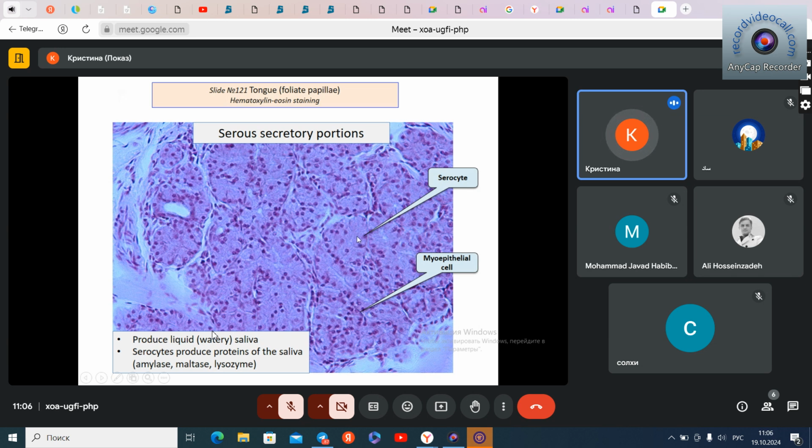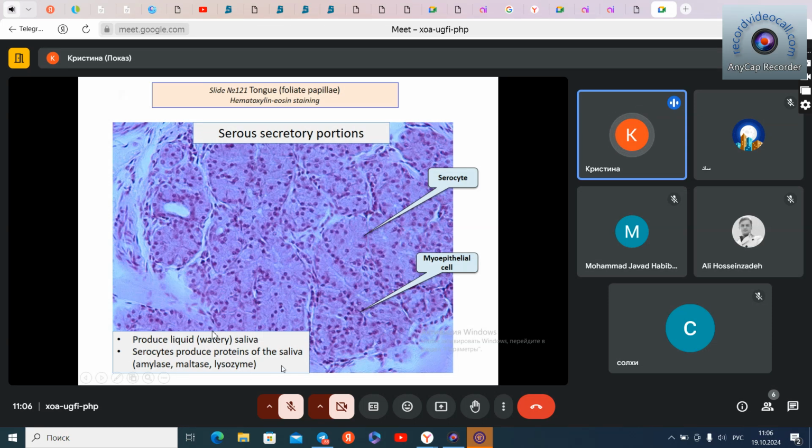Serocytes have basophilic cytoplasm because the cytoplasm is rich in rough endoplasmic reticulum, the organelle which serves for production of the proteins for export, which should go out from the cell. The cell nucleus is round in shape. The borders are not very well seen between the cells, and the lumen of secretory portion is also not seen. It is too small to be seen.